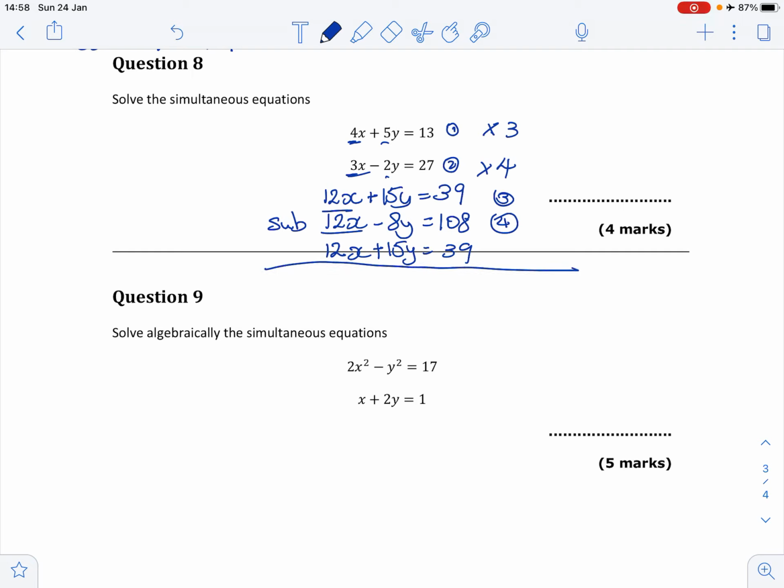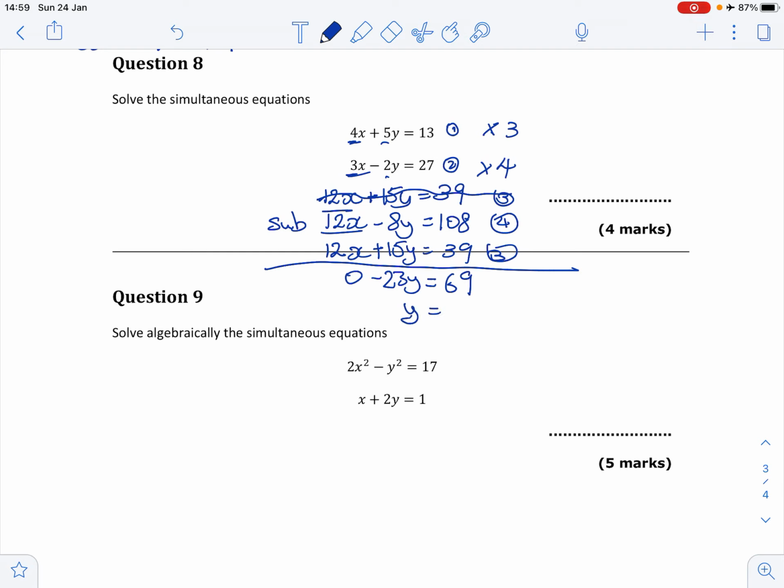So subtract, so 12x minus 12x equals 0. Minus 8y minus 15y is minus 23y. And this equals 108 minus 39, which is 69.